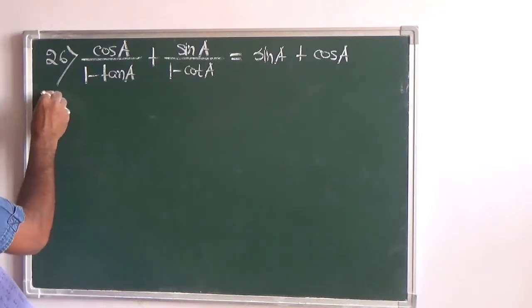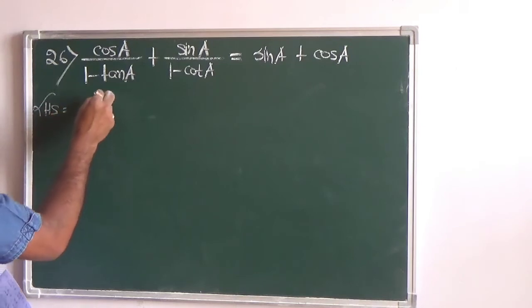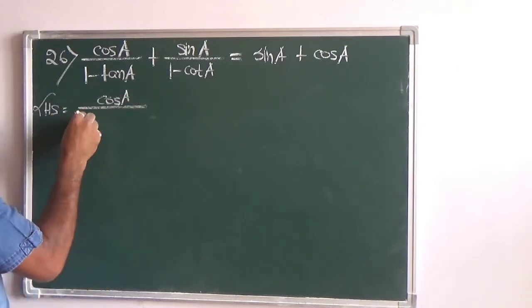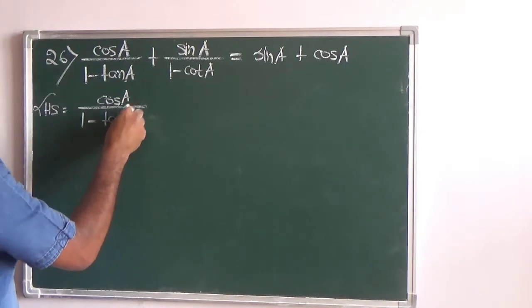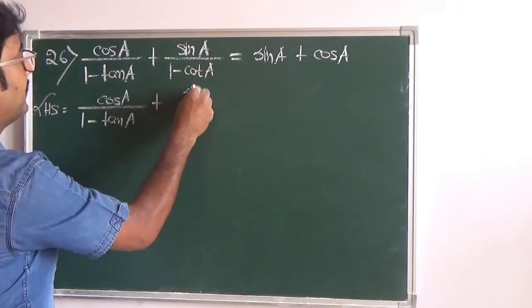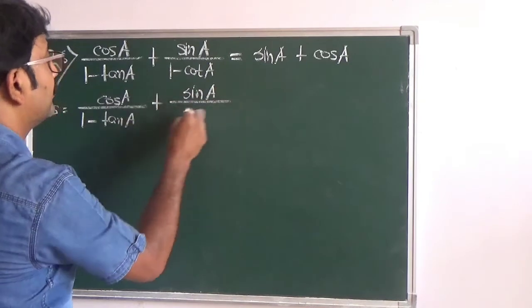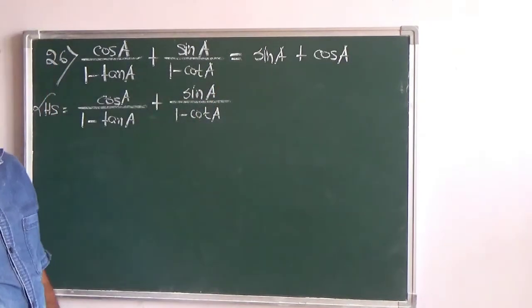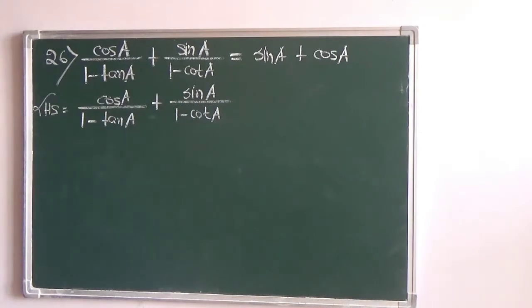So what is to be done? This is cos A by 1 minus tan A, and this is sin A by 1 minus cot A. Our final result is sin A plus cos A, so we have to change everything in terms of sin and cos.